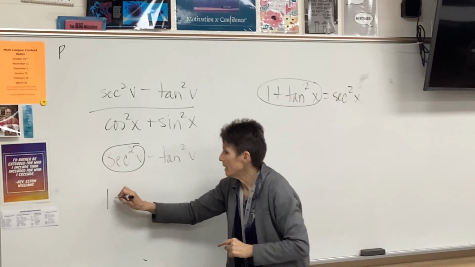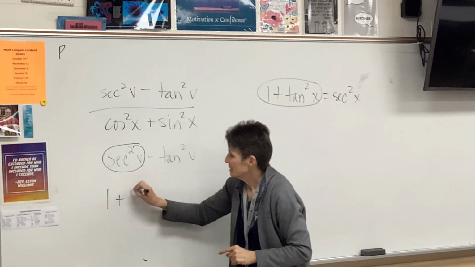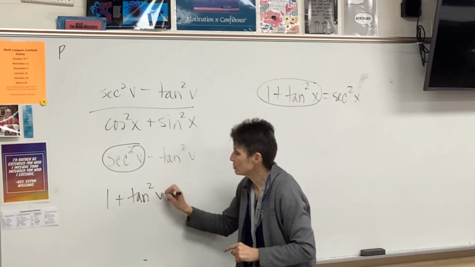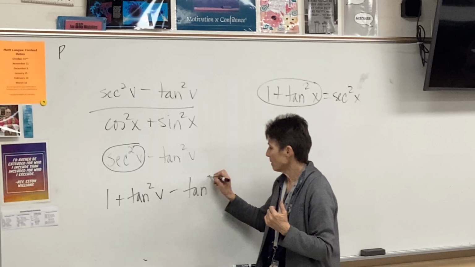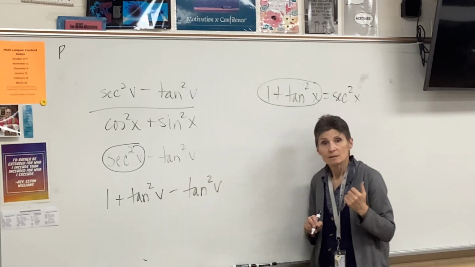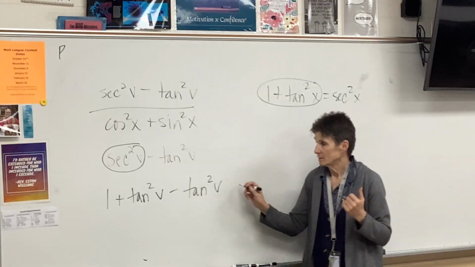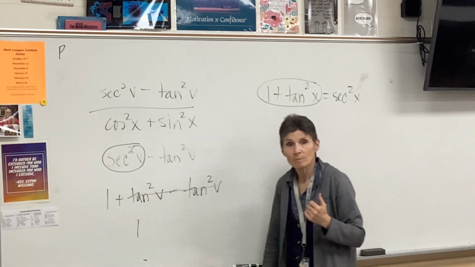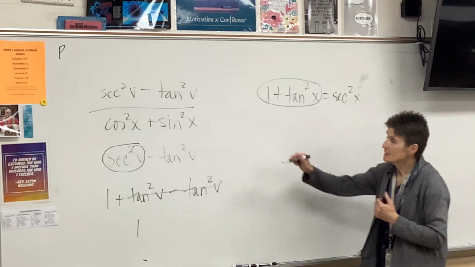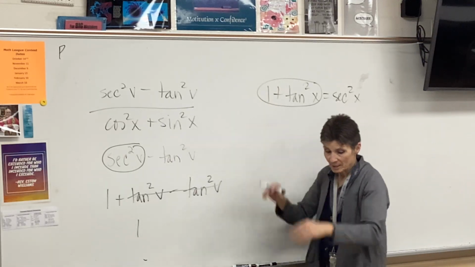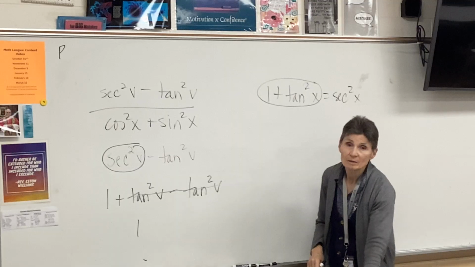So I'm going to have 1 plus tangent squared, and I've got to use the right variable, v, minus tangent squared. Oh my goodness gracious. What's going to happen? The answer to this problem is 1. Just 1. So this big ugly mess simplified down to be 1.